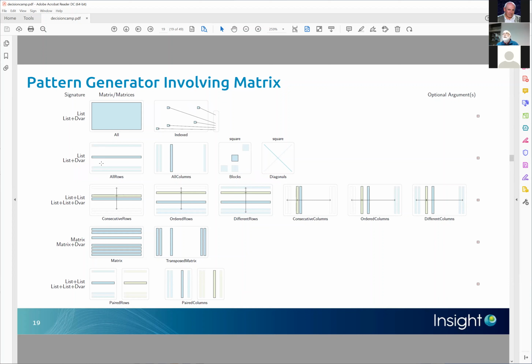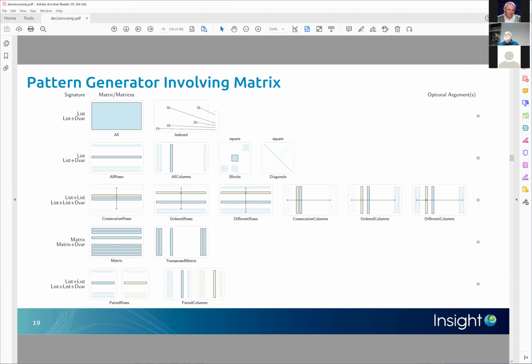So the same constraint applies to every row of the matrix, or to every column, or to every block, or to the diagonals of the matrix. Or things where I have 2 rows, perhaps consecutive ones, and there's a constraint between these 2 rows, or they are ordered rows, so the second one always has a greater index than the first one. Or for every pair of rows, we do something.